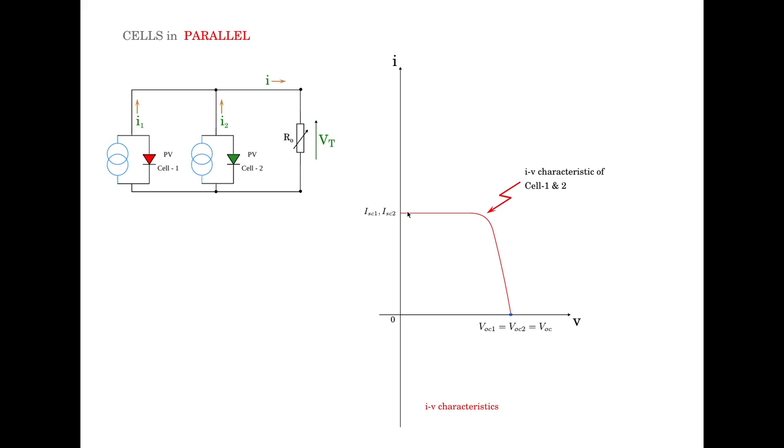Now these two characteristics have these parameters. One is ISC1 and ISC2. This is the short circuit current point for both the cell 1 and cell 2, and this point is the open circuit point for both cell 1 and cell 2. From constraint 1 of cells connected in parallel, we saw that Vt is equal to Vt1 equal to Vt2.